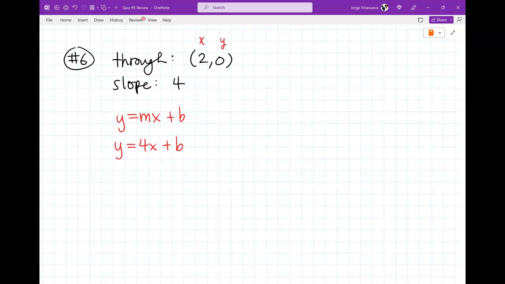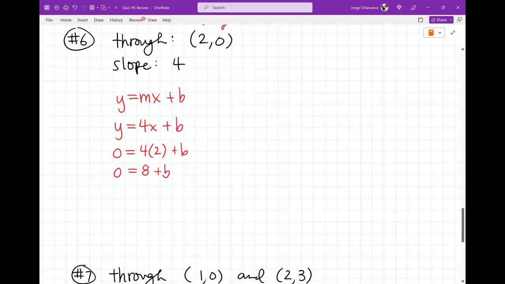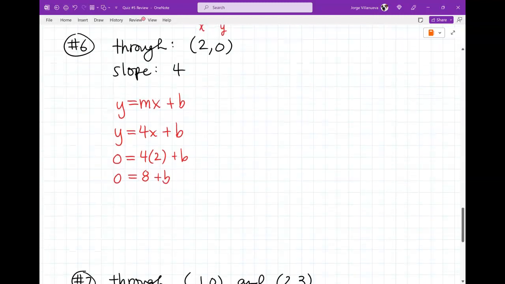So I'm going to plug in my x and y into that equation as well, so I can find my y-intercept. So x is 2, y is 0. So 0 equals 4 times 2 plus b. 4 times 2 is 8 plus b. Now move your 8 over, so let's subtract it. So negative 8 is equal to b.